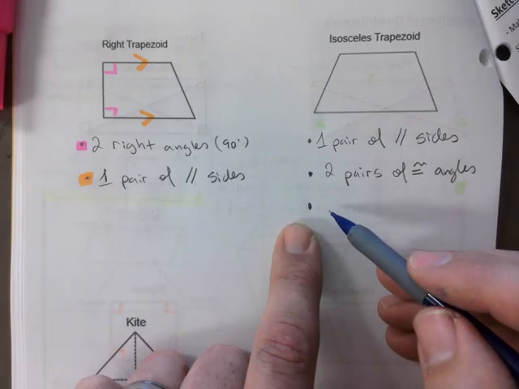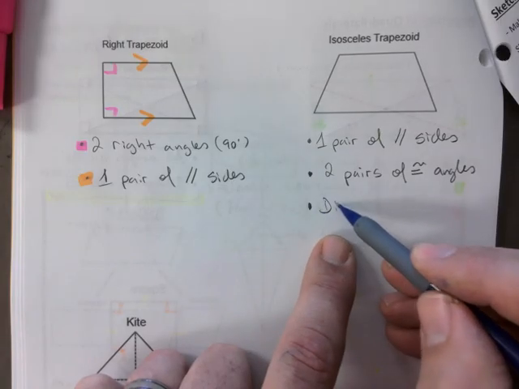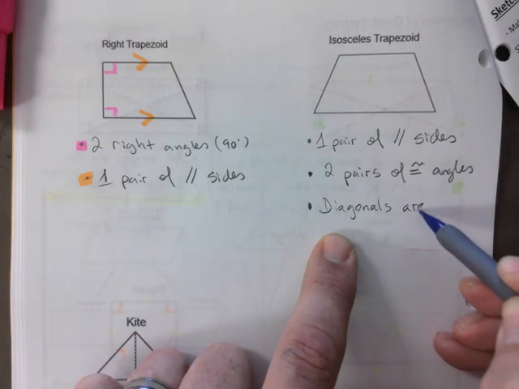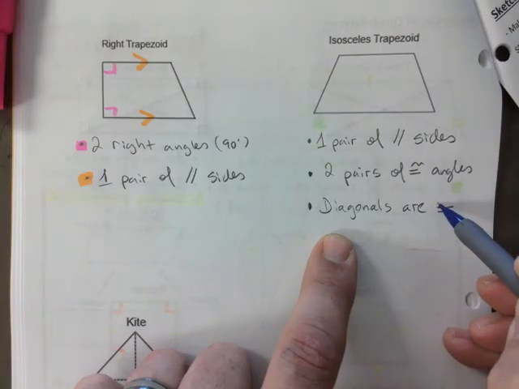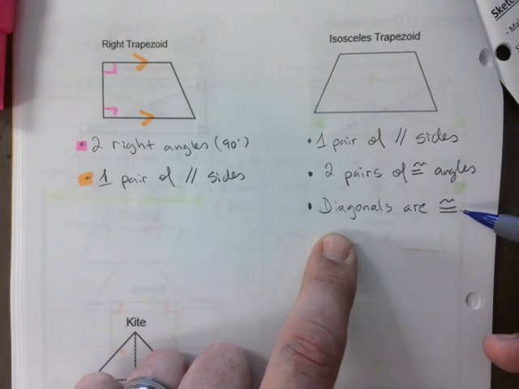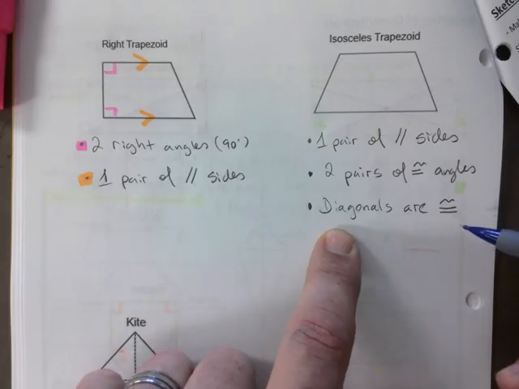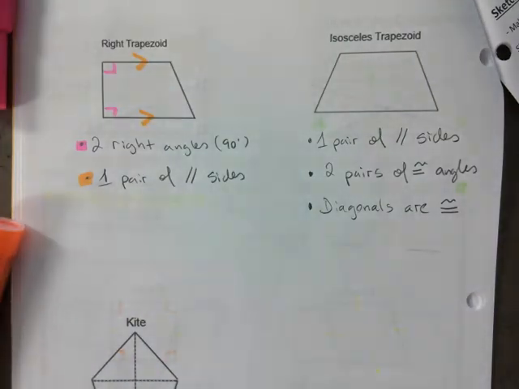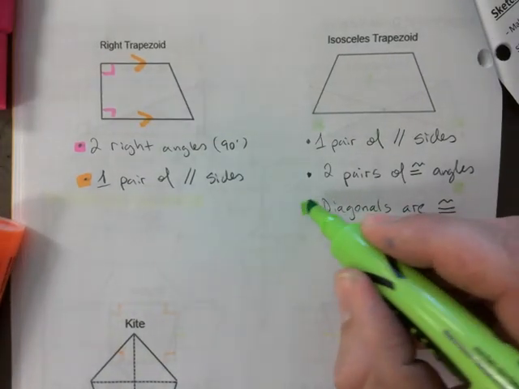and diagonals are, you know what this means, right? By now you should know that that means they're the same. So I'm going to go with diagonals first.